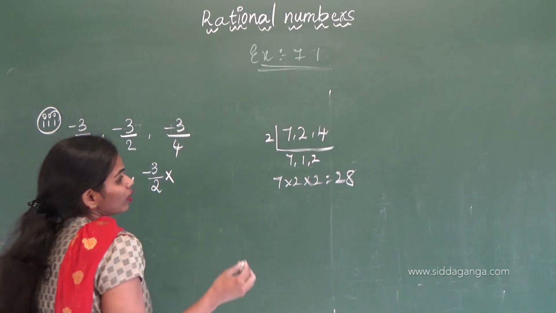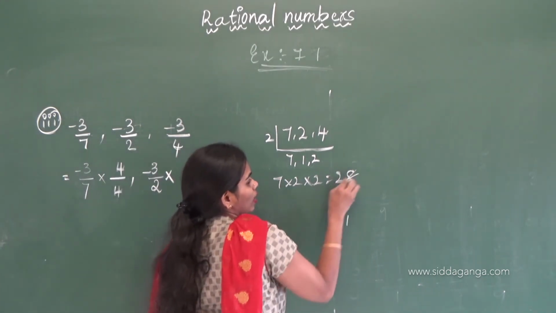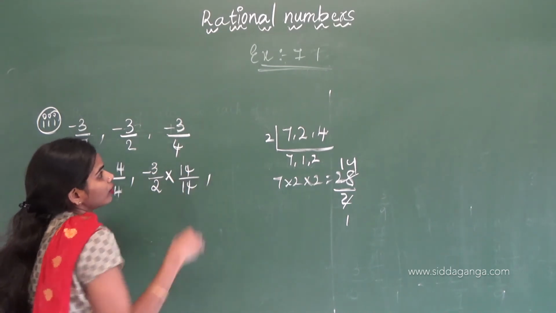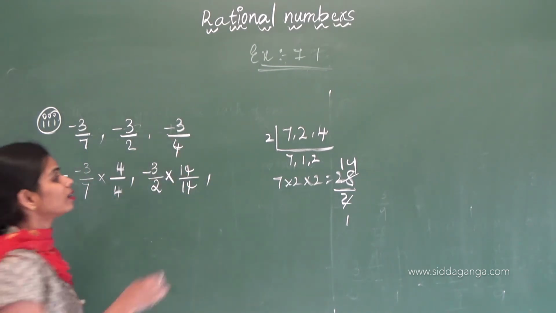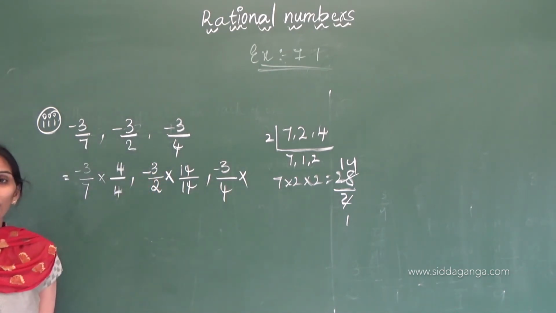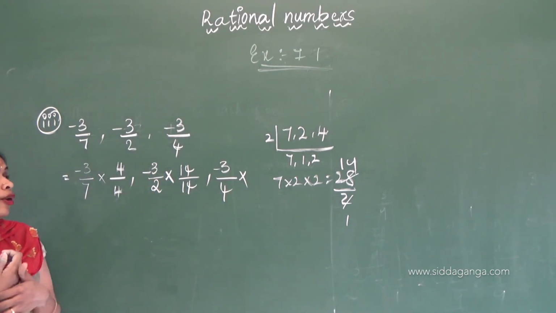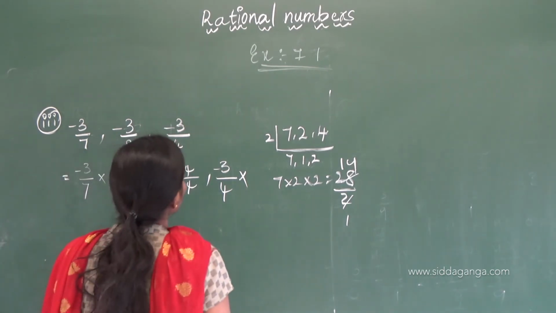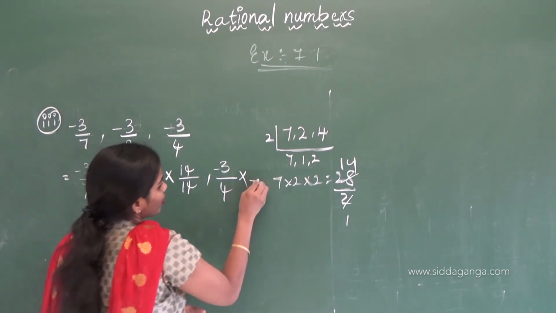Obviously 14. And minus 3 by 4. Which number is multiplied by 4 to get 28? Which number do we have to multiply? 7.